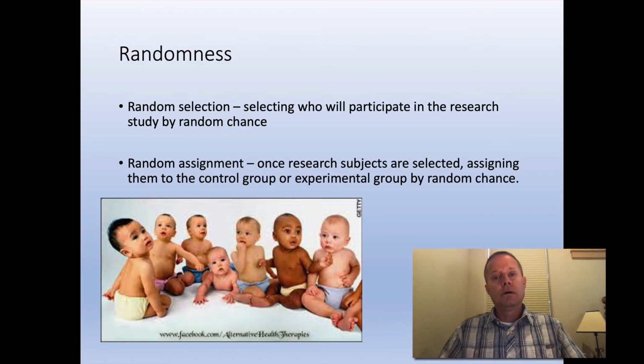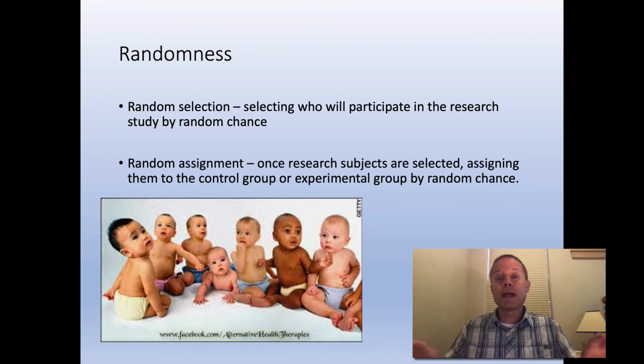Okay, so when you're setting up these control groups, experimental groups, when you're selecting your participants, you have to do some things randomly. You have to have random selection. Which babies will be in the research study? You have to select those babies by chance. Once you select who's going to be in the study, you have to assign them to the experimental and control groups.